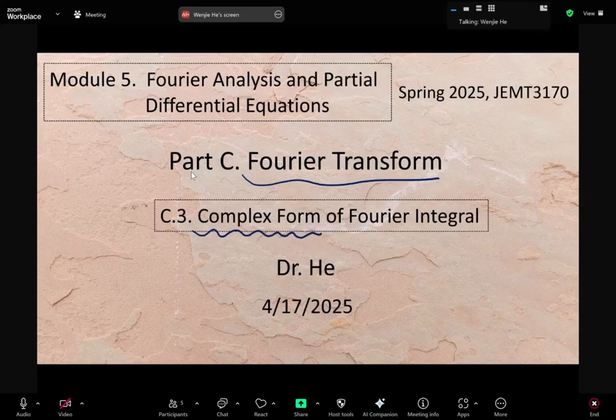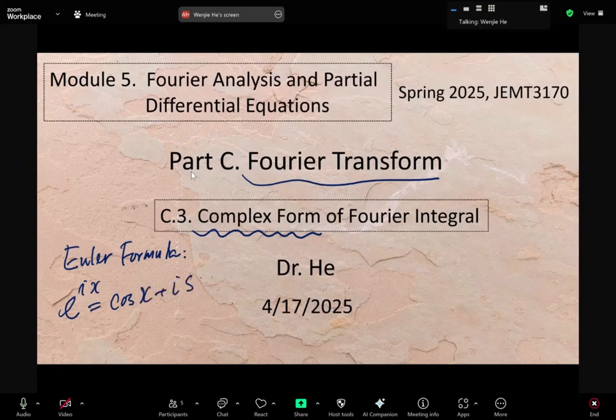The reason is this Euler formula: e to the ix equals cosine x plus i times sine x.